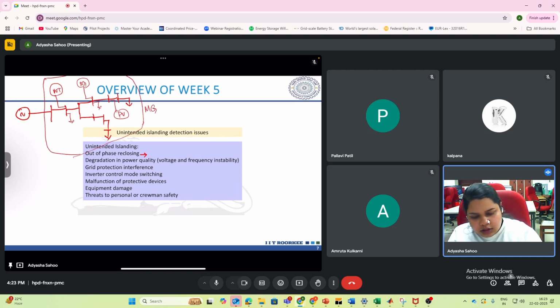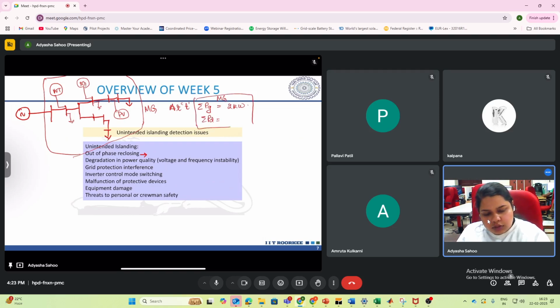Let's say at any time instant t, the summation of the generating resources in the microgrid was around 2 kilowatt, and the total load in the microgrid is, let's say, 1.5 kilowatt. Which means what will be the grid condition?